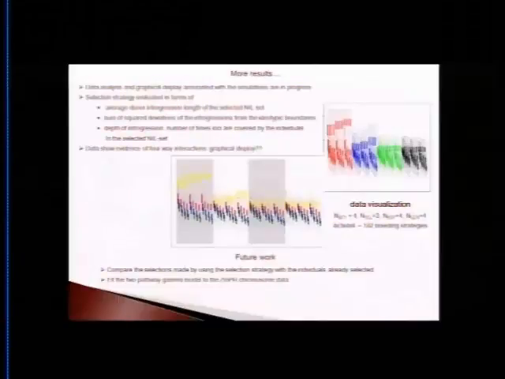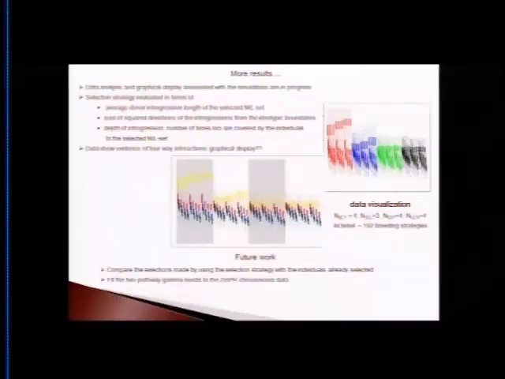That was one variable used to evaluate the selection strategy. Another was the sum of squared deviations in the introgressions from the genotypic boundaries, because we were selecting based on the boundaries, and this gave us the amount of overlap, or whether the overlap was reducing or not.